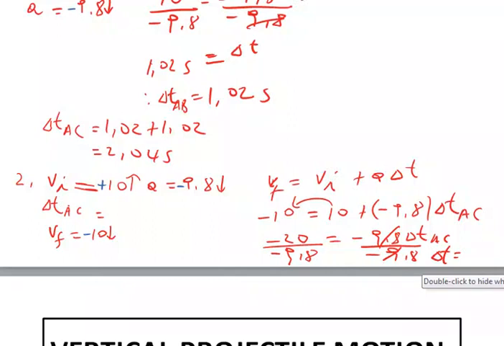We get 2.04 seconds. Then we're done. So this is another way to calculate it, or you can just calculate one side, then you just say times 2. Okay, then another question that can be asked here is the maximum height.